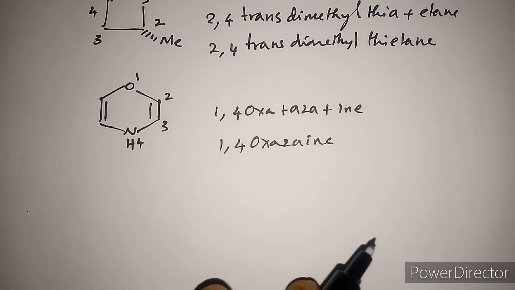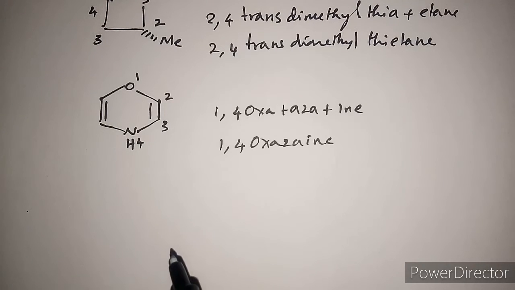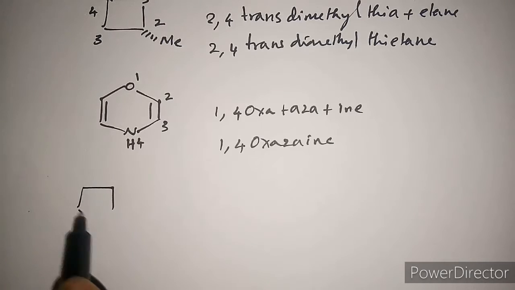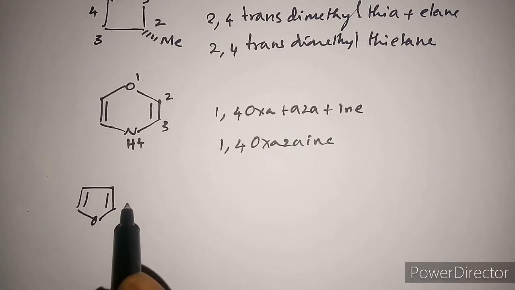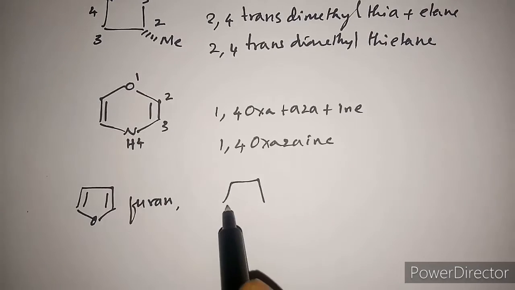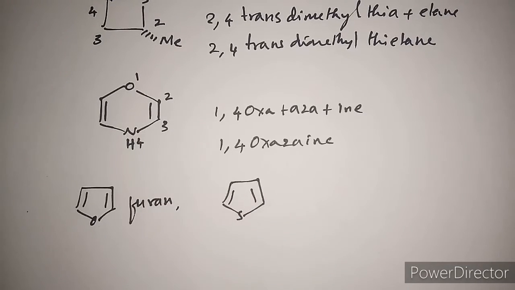Apart from this, there are a large number of important ring systems which do not possess any systematic names. That is what we said: they are given trivial names, non-systematic or common names. For example, as we already stated, this is furan, and this we called thiophene.